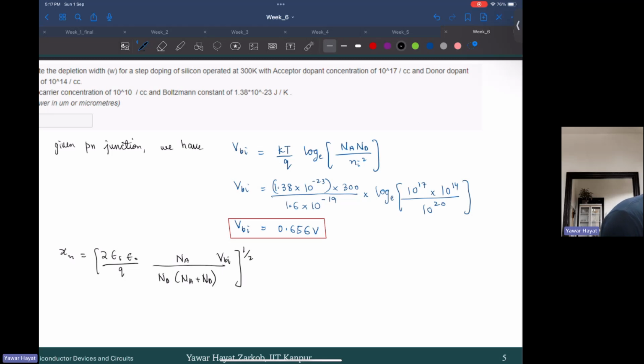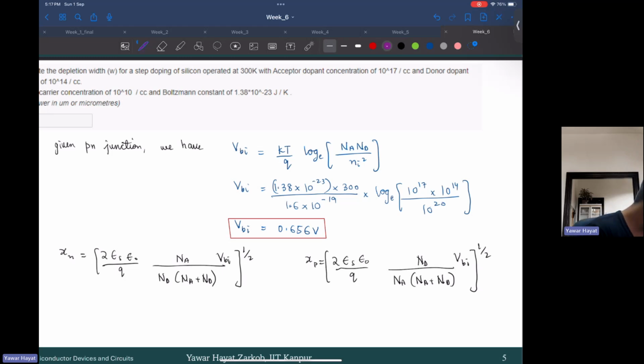And your Xp similarly would be given by 2 epsilon s epsilon naught whole divided by q, then Nd over Na times 1 over Na plus Nd, and your VBI. These are your formulas.